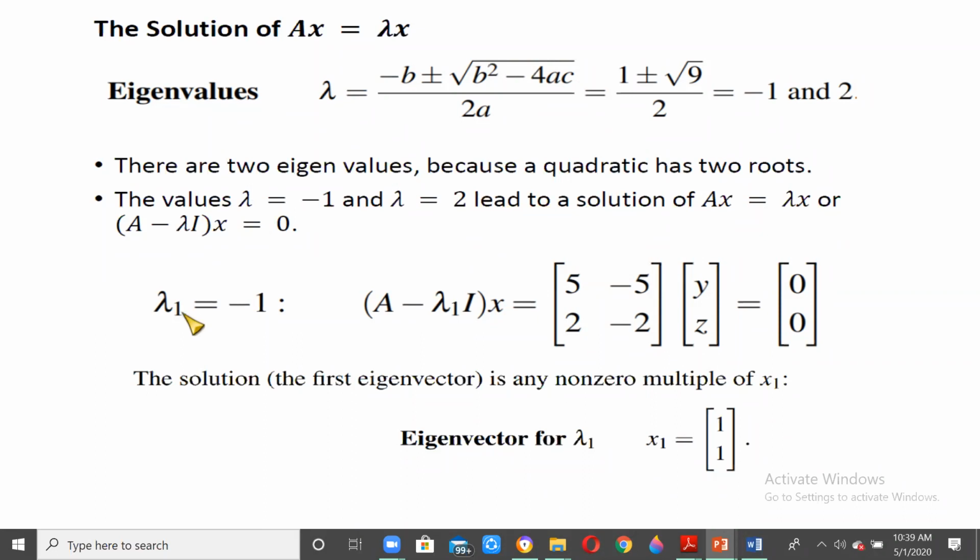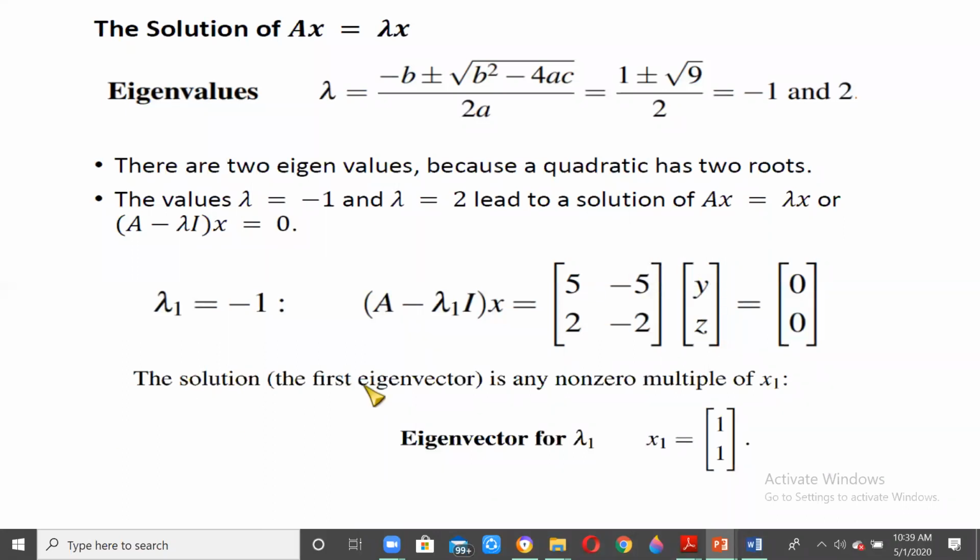So for lambda 1 equal to -1, A minus lambda 1 I times x is equal to the matrix 5, -5, 2, -2 times y, z equal to 0, 0. So for this we need to get the solution here, or for that matter we should try to find out the eigenvector, the value of y, z.